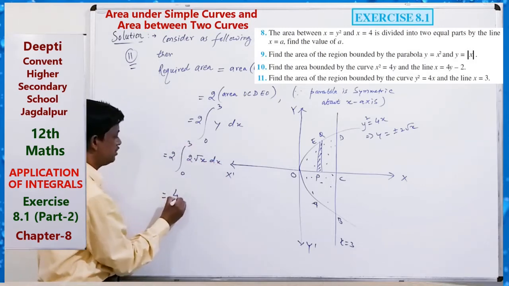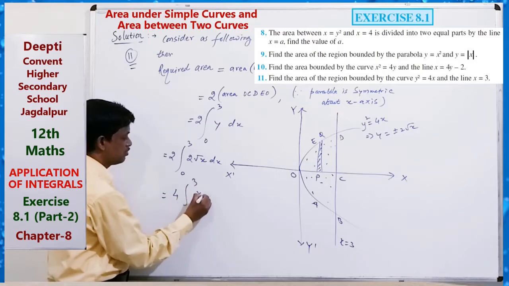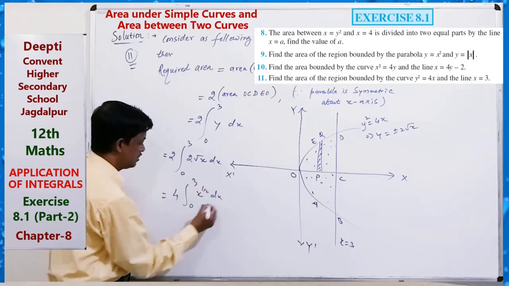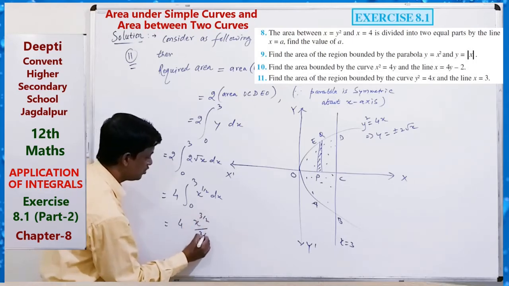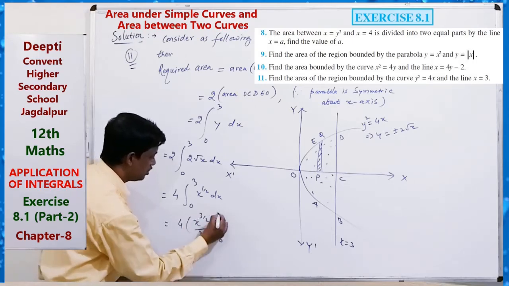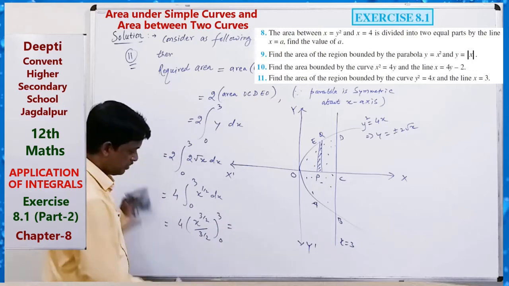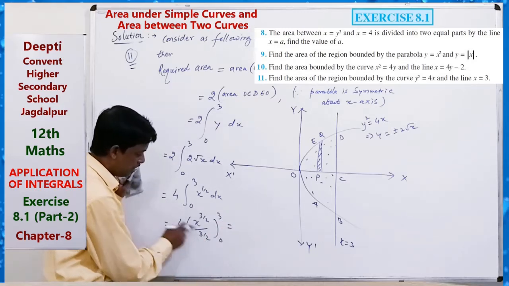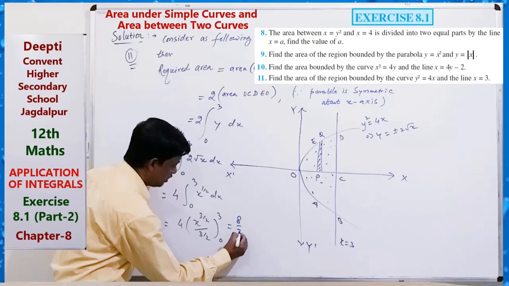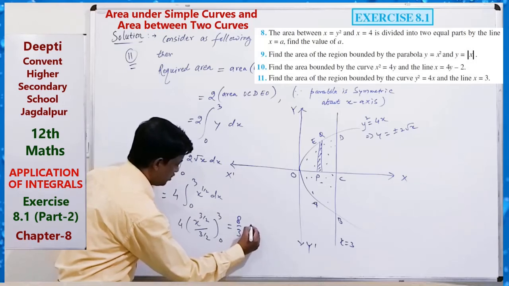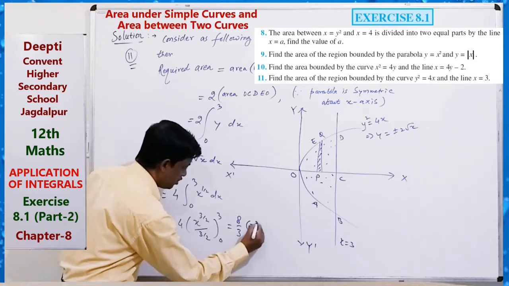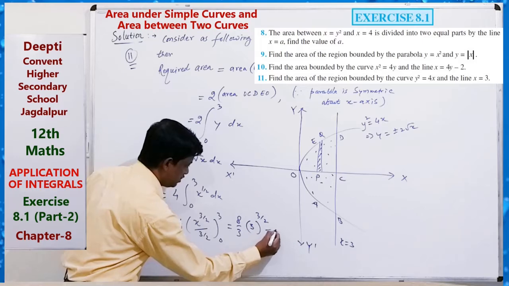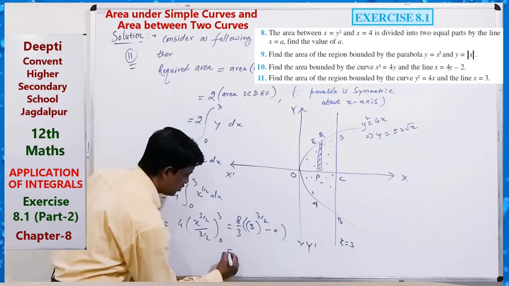Now you have to solve it. 0 to 3, x power 1 by 2 dx, that is 4 x power 3 by 2 upon 3 by 2, limit 0 to 3. So you can solve it. 2 comes to the numerator, so 8 by 3, and in place of x, 3 to the power 3 by 2 minus 0.